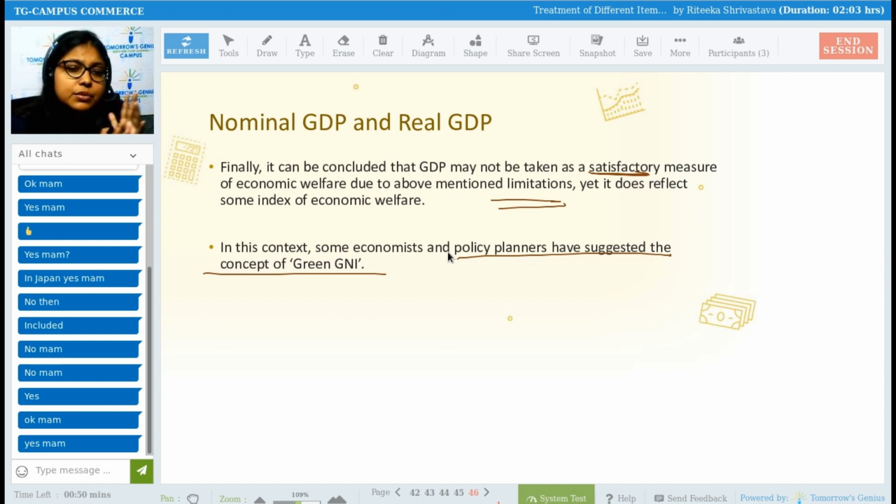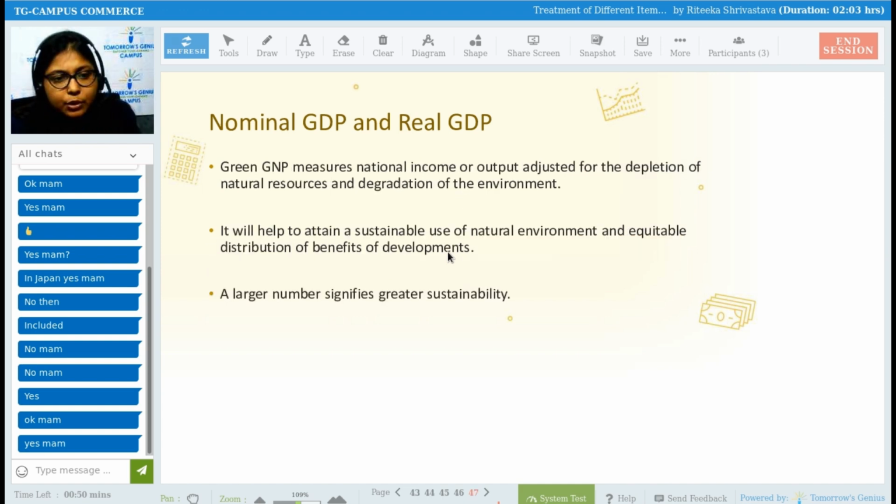This is a whole new concept of GNI, GNP, gross national product or anything like that. With the suffix green itself, you can understand that it has something to do with the environment. So this is what some economists have suggested, and with that we conclude that there are so many limitations due to which you cannot rely on GDP as a measure of the welfare of the economy.